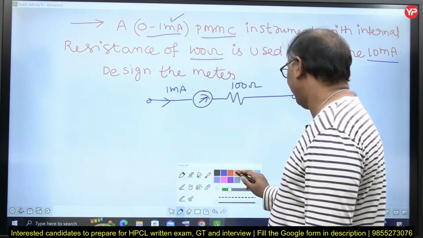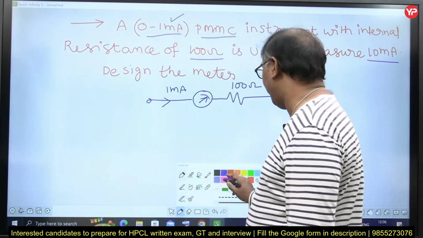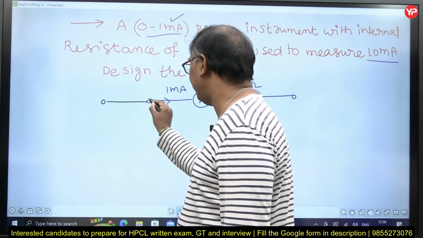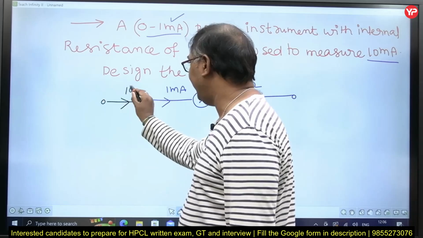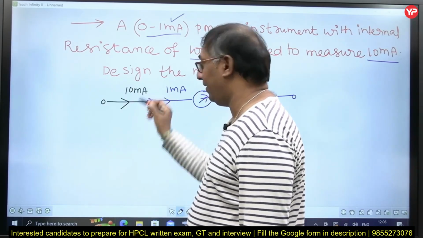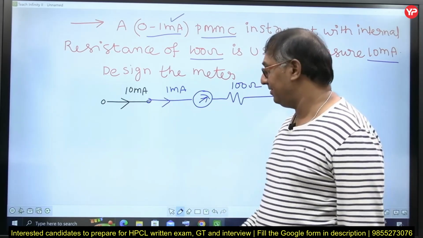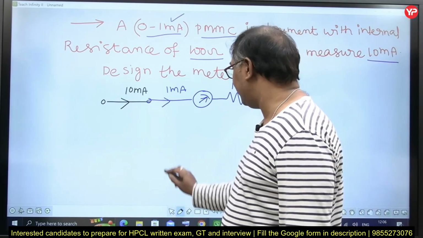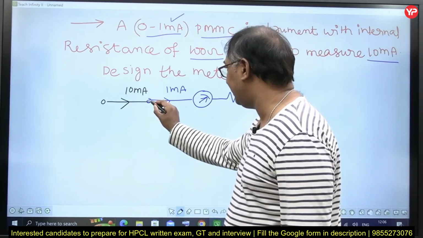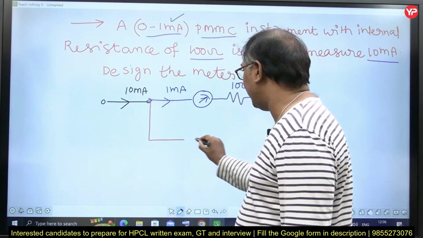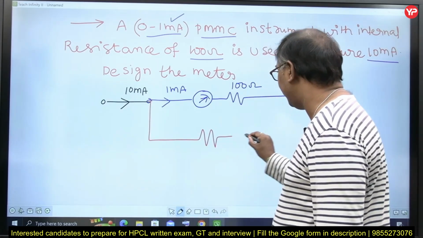Now you tell me, if I send 10 milliamperes, what happens? Can I send 10 milliamperes directly? No. Why? Springs are the current carrying conductor. Springs will get damaged. Now what you have to do? As discussed earlier, you have to bypass this current.